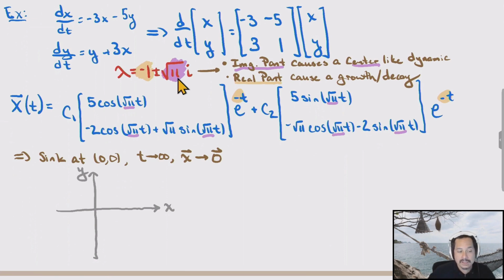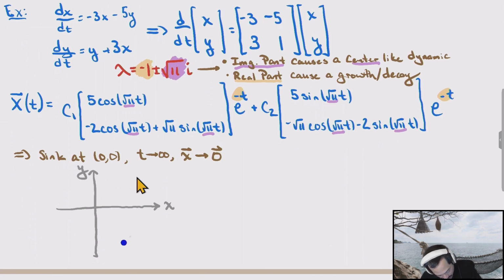So, here's the issue. We were able to draw such nice diagrams before because of the straight line solutions, which we don't have anymore. Okay? So, I know that I'm going to start a particle off in the space, and then that particle is going to move, and so it will spiral into the origin, but it could go this way, or it could go this way. So I know spiral, I know into the origin, I just don't know clockwise versus counterclockwise.